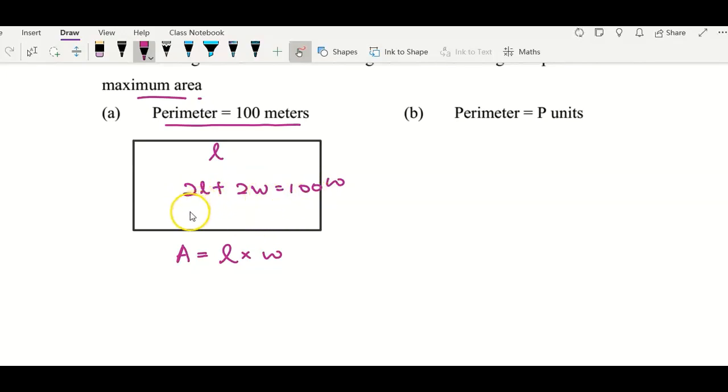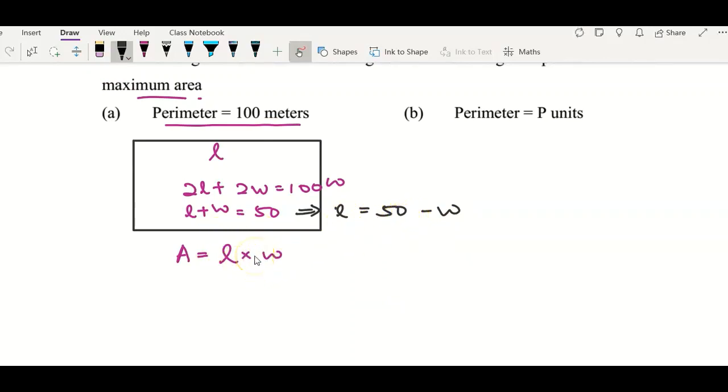From this equation, we simplify, and we'll have L plus W equals 50. And from here, I will say that L equals 50 minus W. Meaning if I write L in terms of W, when I substitute in, you won't see L anymore.